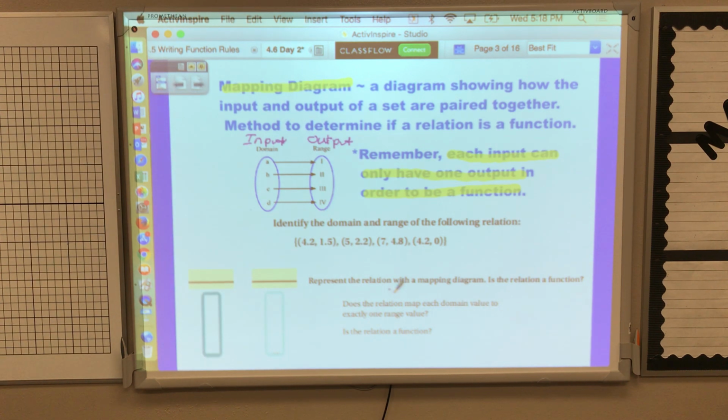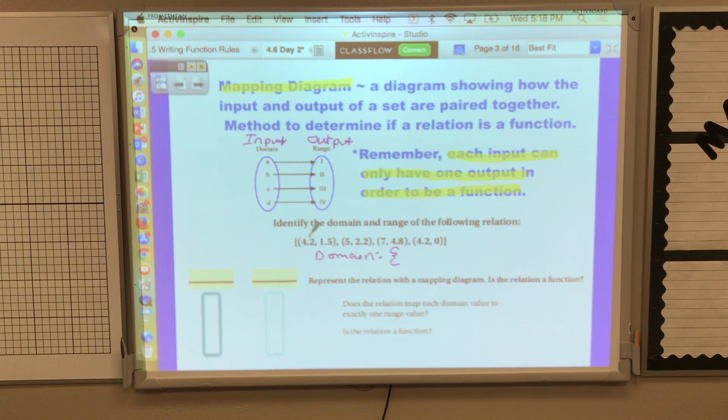Identify the domain and range for the following relation. For our domain, remember our domain is a set, so I'm going to put those braces. When I list them, I want them to go from least to greatest.